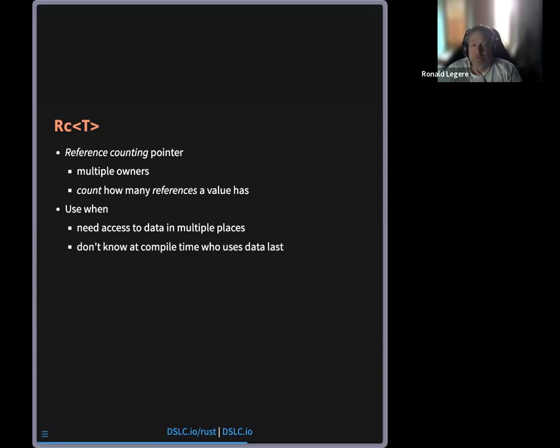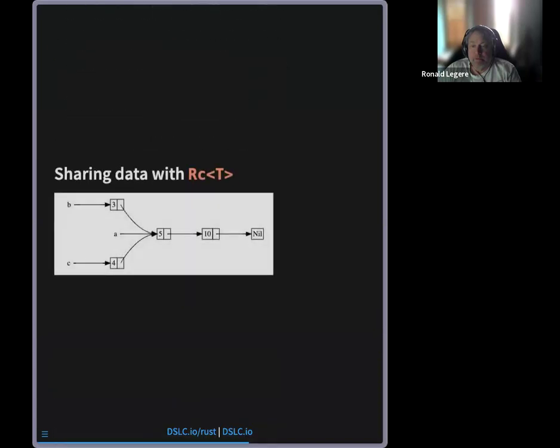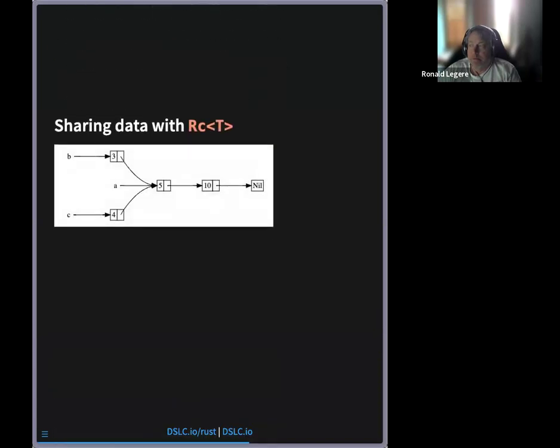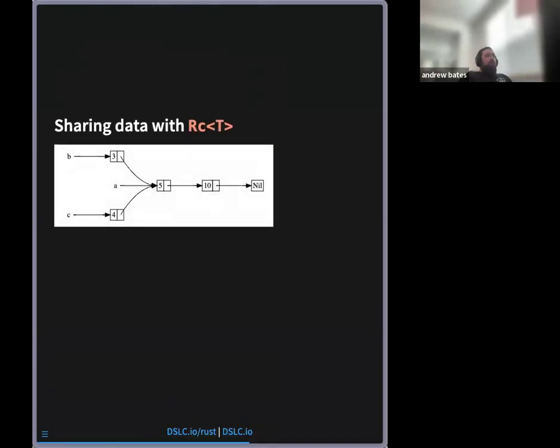Hmm, interesting. Okay. So going back to that cons list we talked about, this is the scenario we're going to model: A, B, and C are each cons lists where B and C both contain A as their second thing.